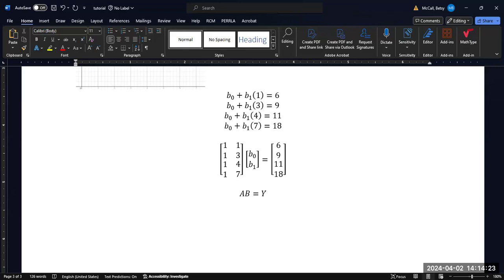But when we want to make a projection onto a two-dimensional subspace, we can force it to be solvable, again, with our best approximation. And the trick is going to be to multiply both sides of our equation by A transpose. Now, what that will have the effect of doing is if we multiply a 2x4 matrix by a 4x2 matrix on the left side, we're going to get a 2x2 matrix that will be square. And then we'll have something that will be dimensionally capable of being solved for two coefficients.